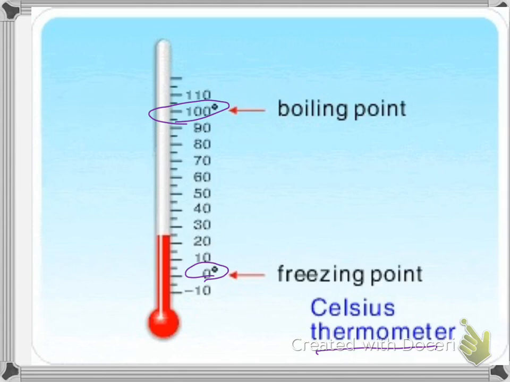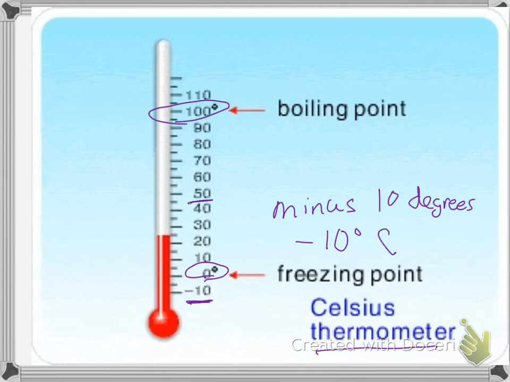So a cool temperature would be around 50 degrees Celsius, and a cold temperature would be from 0 or maybe negative 10 degrees Celsius. When the temperature is 10 degrees below 0, we say it is minus 10 degrees or negative 10 degrees Celsius.